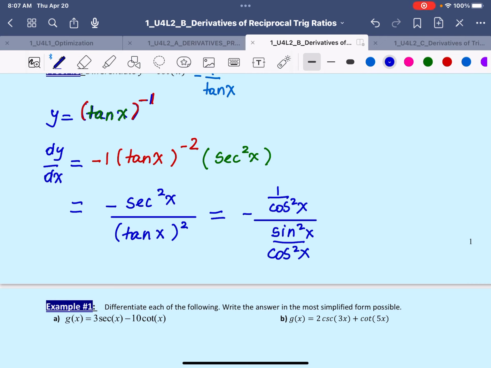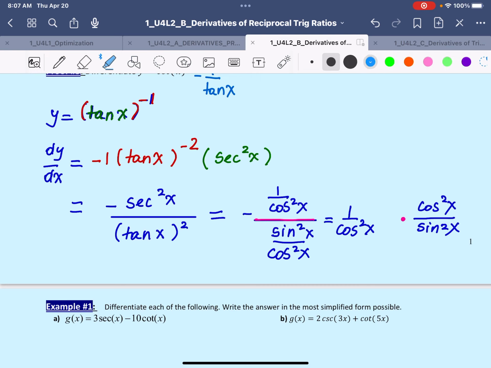So as you can see, we have a division now of two fractions. The division can turn into multiplication, and that will flip the fraction that is in the denominator. So 1 over cosine squared x multiplied by cosine squared divided by sine squared x.